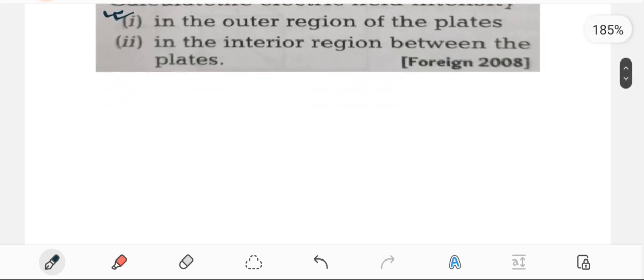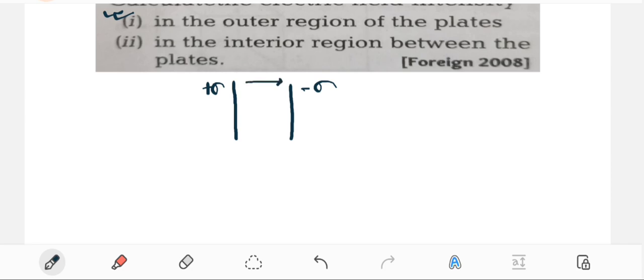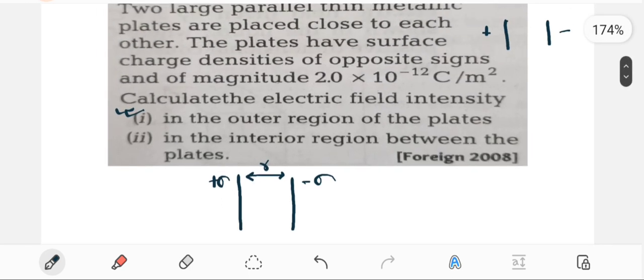For the outer region, let us consider we have two plates. One has positive surface charge density and the other has negative surface charge density, and let us consider the distance between them is r. Now here we have to calculate the outer region of the plates.